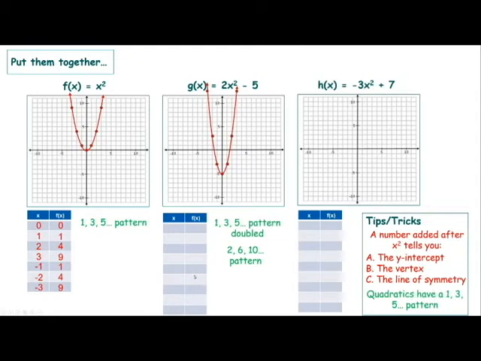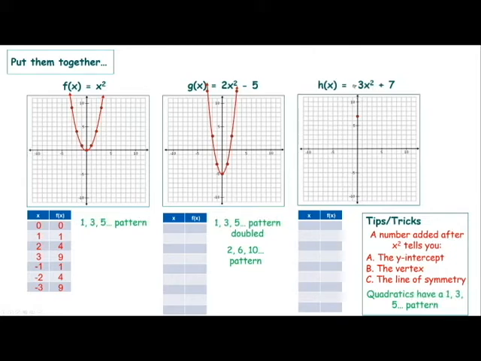That's the value. You might want to pause the video and try this last one on your own. I'm going to do it exactly like I did these other two. I'm going to look here and say, I know what the root function looks like, but this time the whole thing is going to move up 7 places. So I'm going to start up here at 7. And I also know that the number in front is going to triple that 1, 3, 5 pattern. So instead of growing 1, 3, 5, I'm going to grow 3, 9, 15.